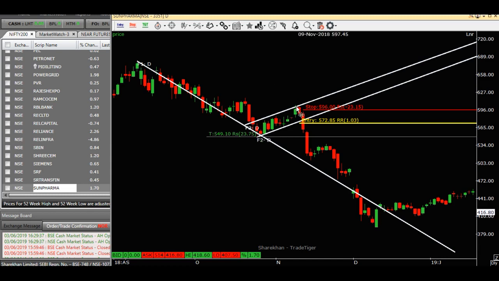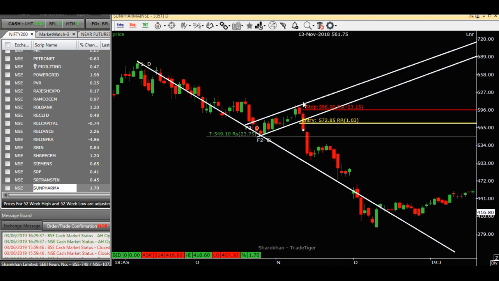Now another way to decide the target, if you want to make it a bit more complicated, is to calculate the distance from this lower end to the top of the flag here.